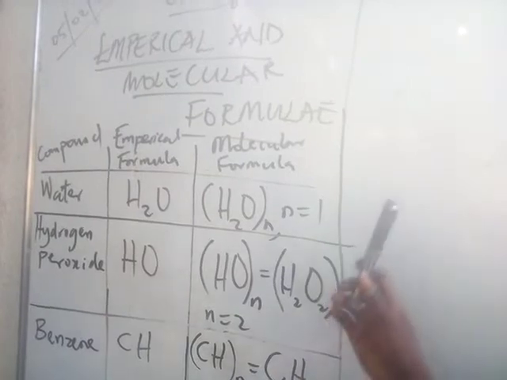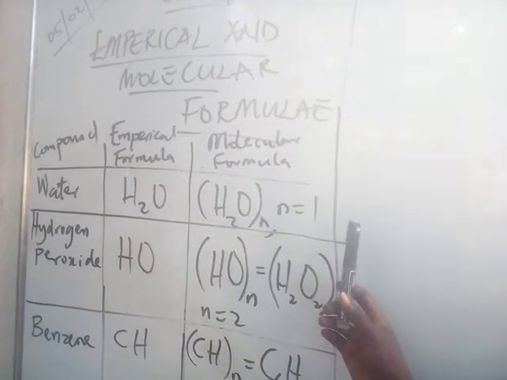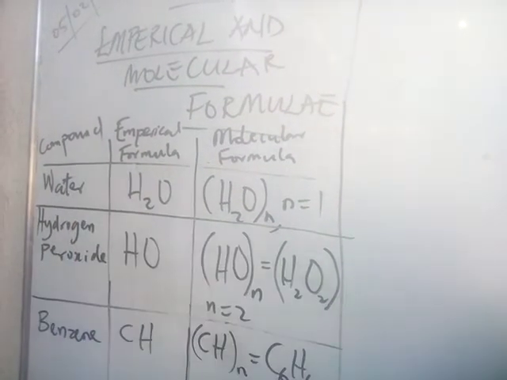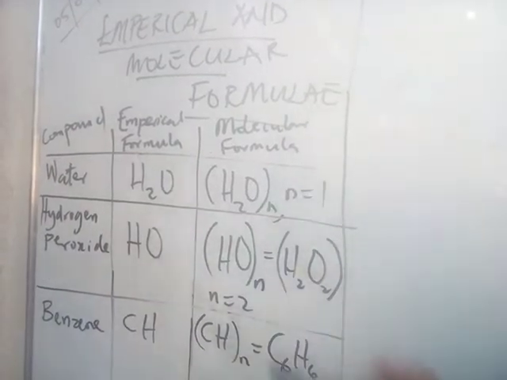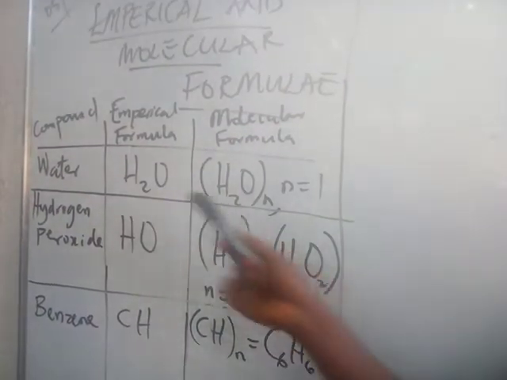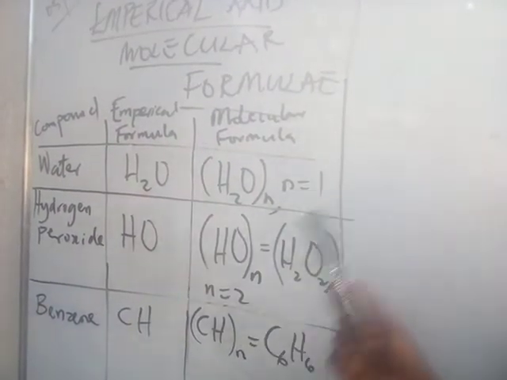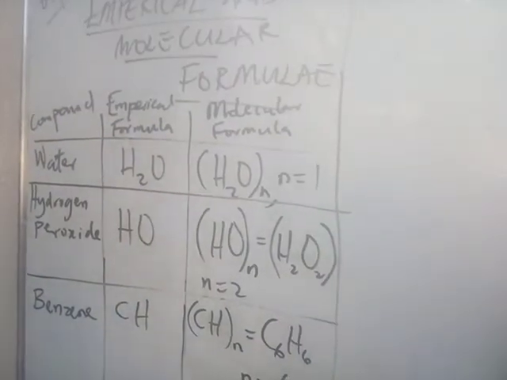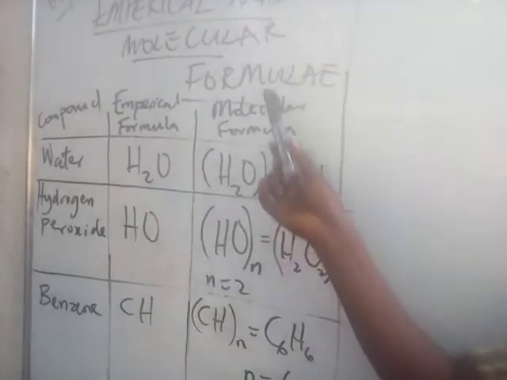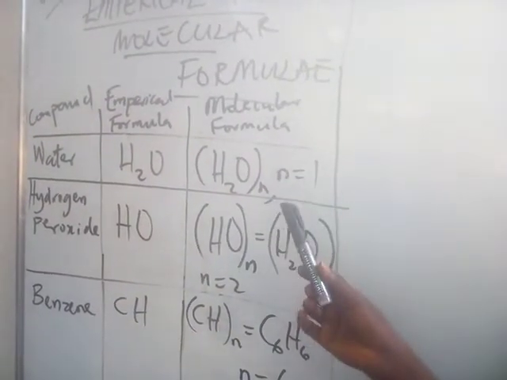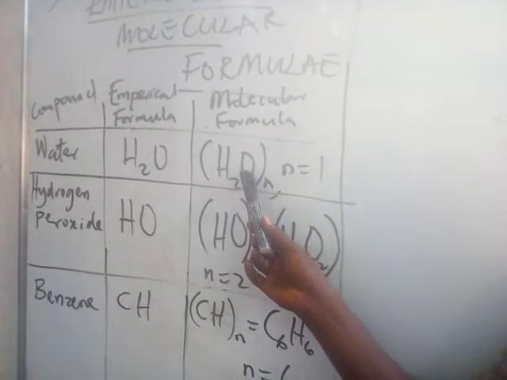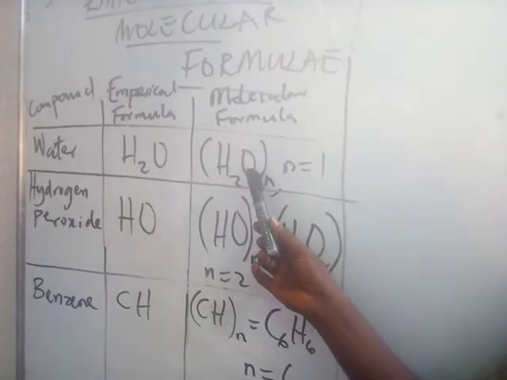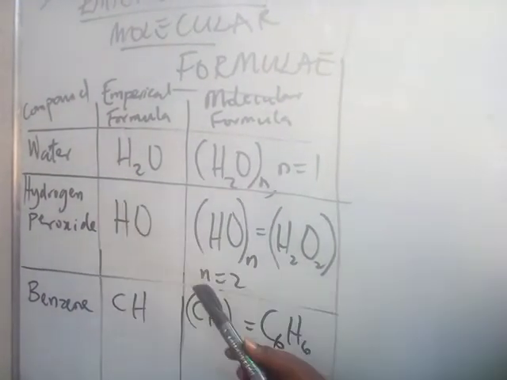Now, the molecular formula for water is the whole number form in which water can exist. So in terms of molecular formula, I can say that water, which is H2O, is also H2O.